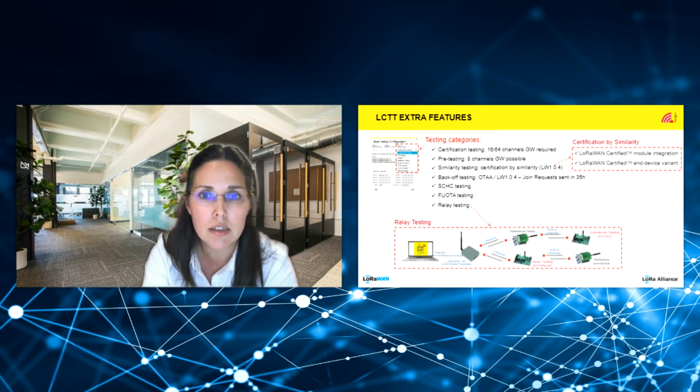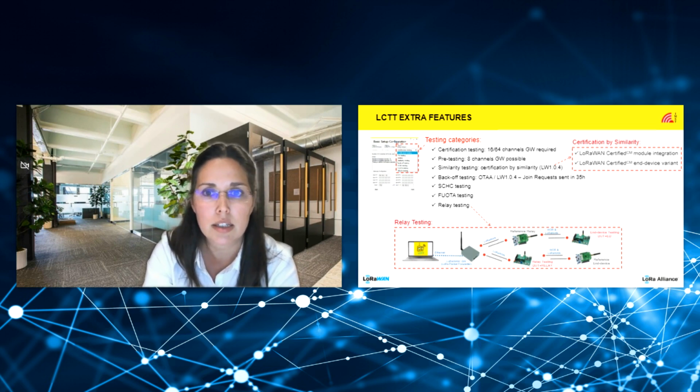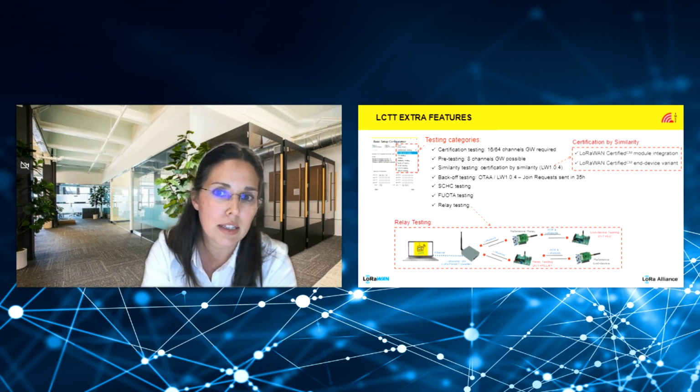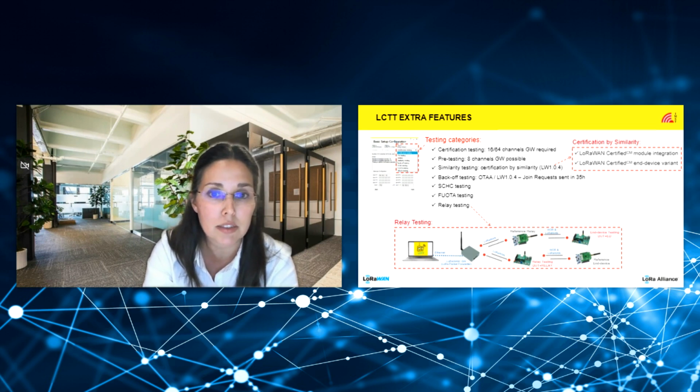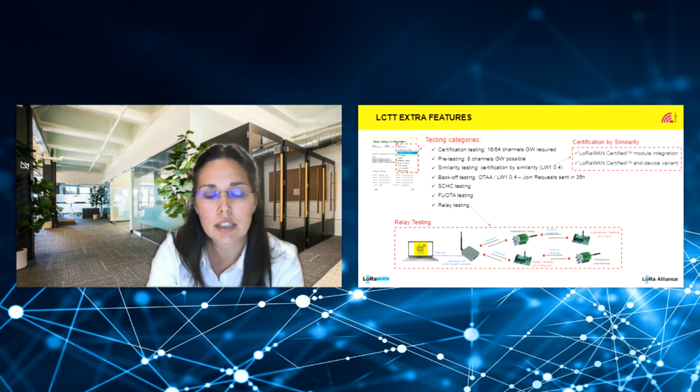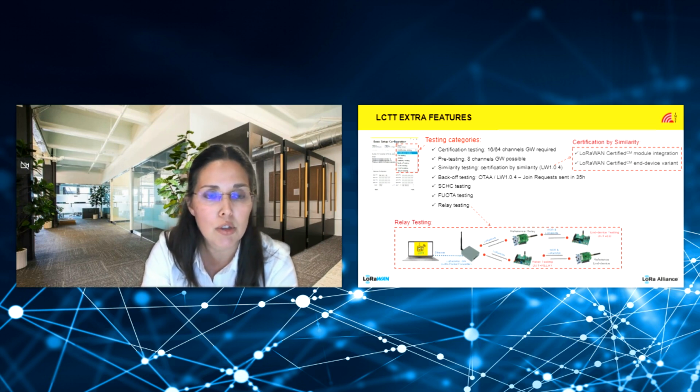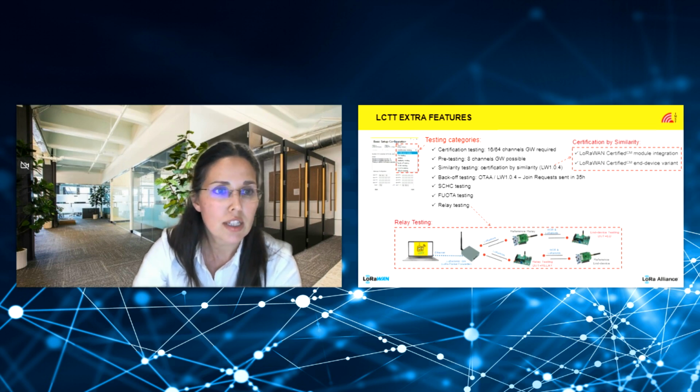And this is only available for some requirements in the end device, like in case an already certified module has been integrated or there is an end device variant. So this means that the parent devices have already been certified, and it must be ensured that no modification is made in the LoRaWAN stack and implementation.